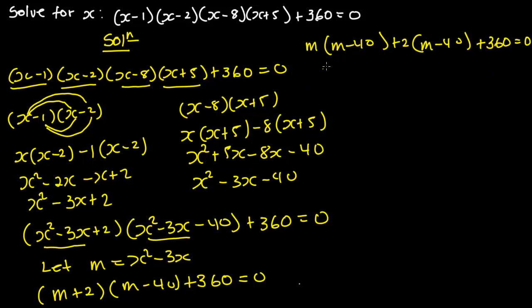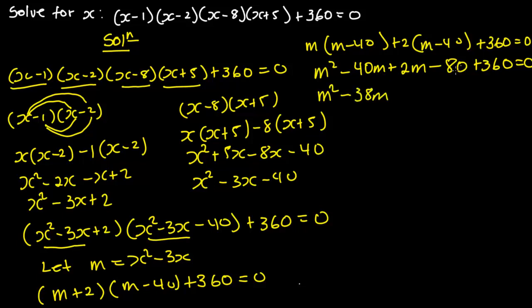Now when we expand the bracket, we are going to have m squared - 40m + 2m - 2 times 40 is going to give us 80, + 360 = 0. Now from here we are going to have m squared and then we have -40m + 2m, which is going to give us -38m. And then we have 360 - 80, which gives us +280, and it is equal to 0.